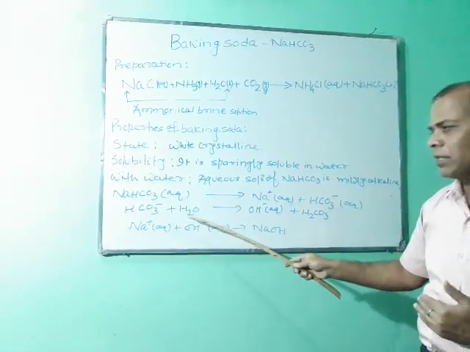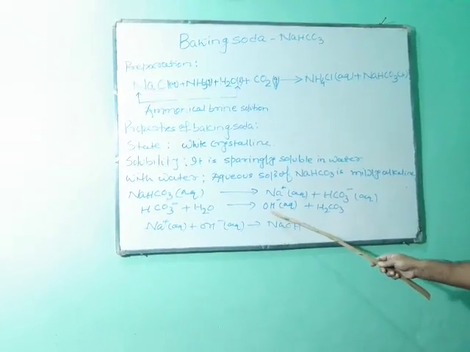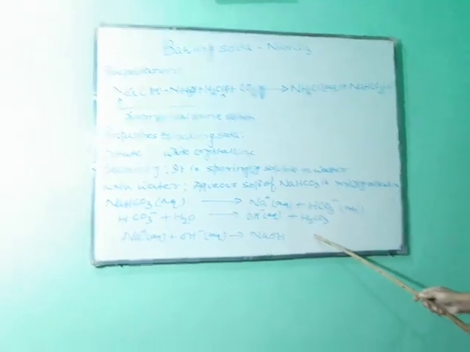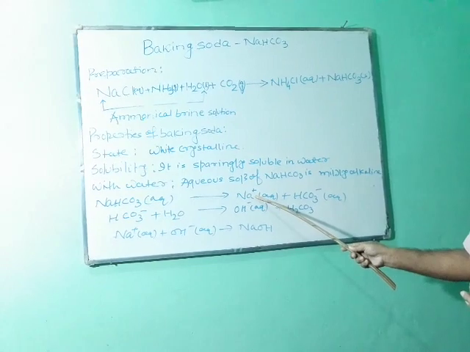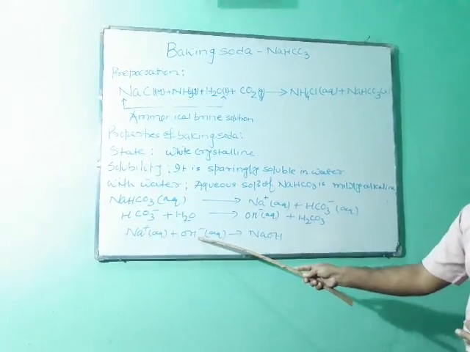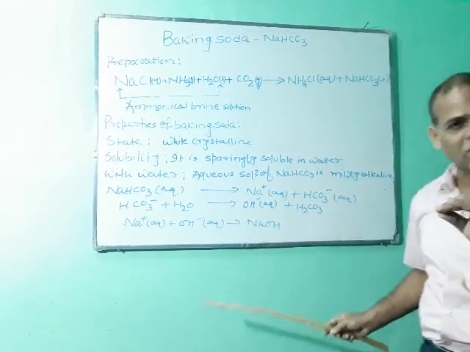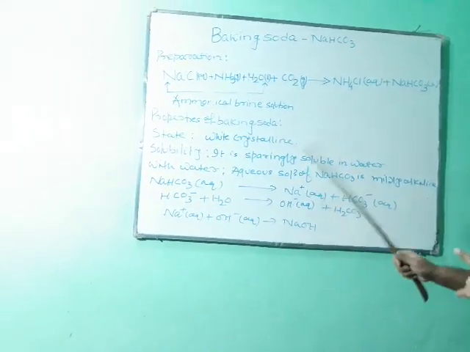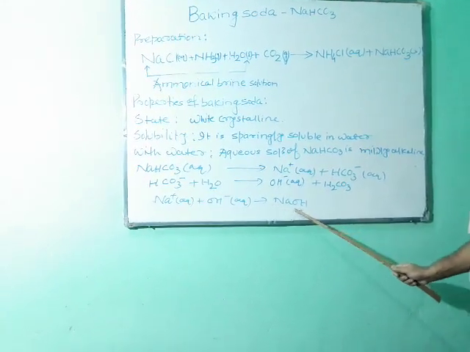Now this hydroxide ion, OH minus, combines with the sodium ion, Na plus, so the compound formed is sodium hydroxide.